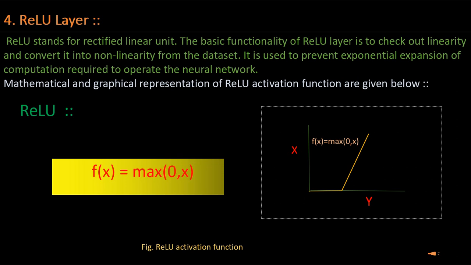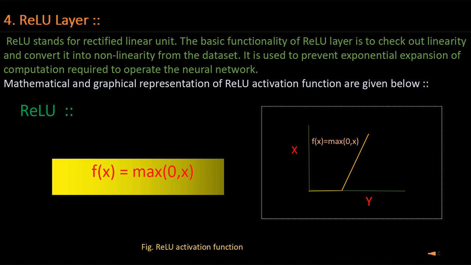According to the formula, both the ReLU function and its derivative are monotonic, which means it never decreases or never increases. This function f of x returns 0 if the input is a negative value, else it returns the same value.